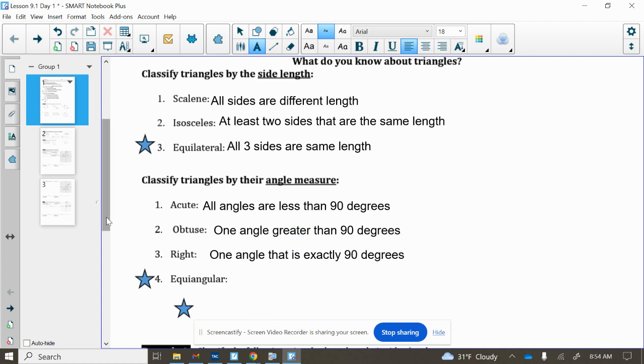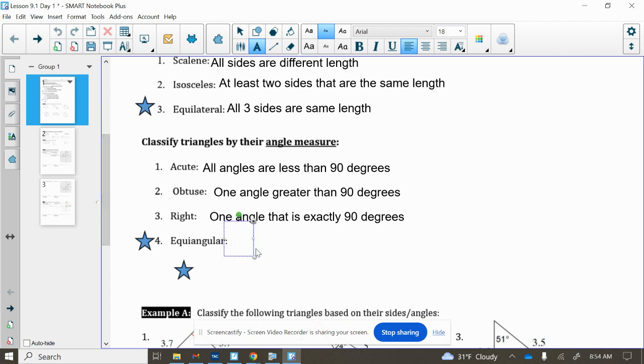Now equiangular triangles have all angles the same, and we know that this means each one would have to be 60 degrees in order to add up to 180. They put a star next to equilateral and equiangular because they go together.